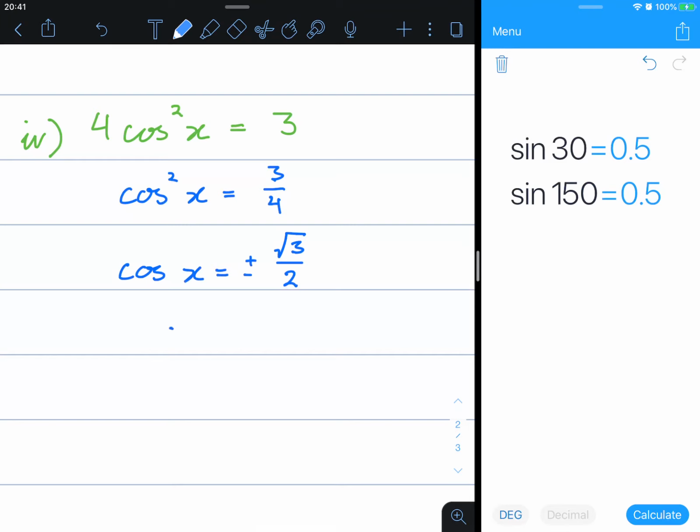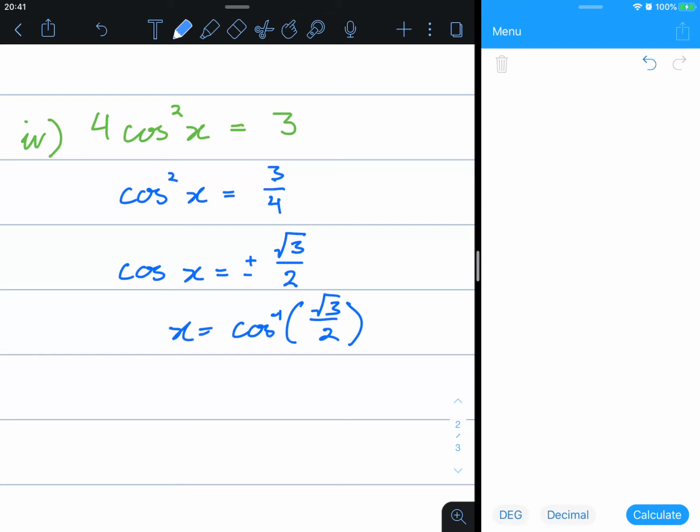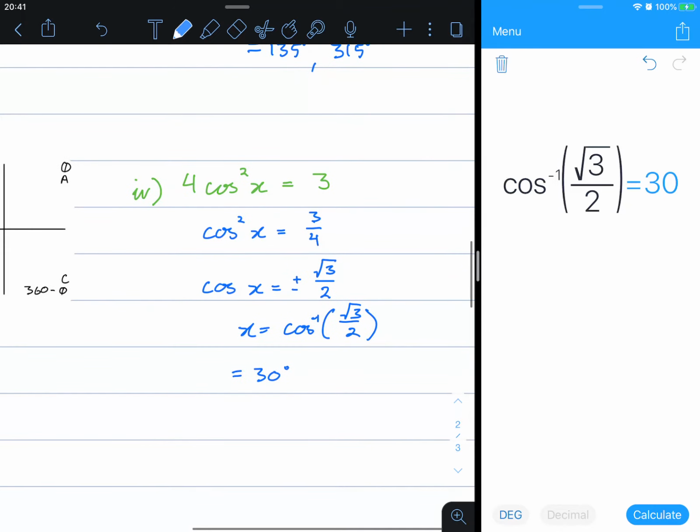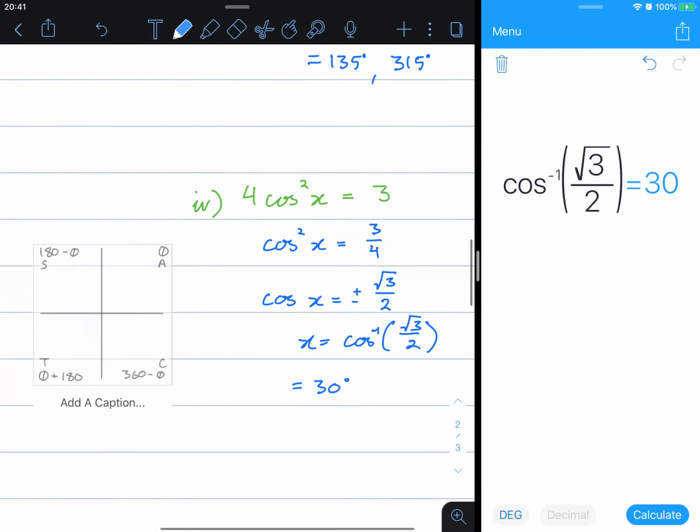x will now equal the inverse of cos root 3 on 2. Now remember, this answer will only give us the first quadrant. So cosine inverse root 3 on 2. If you remember your exact ratios, this should be 68, nope, 30, I was wrong, 30 degrees. And once again, this is only in the first quadrant.